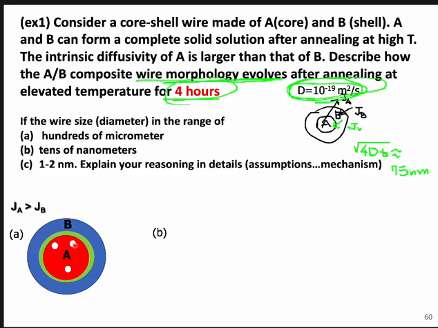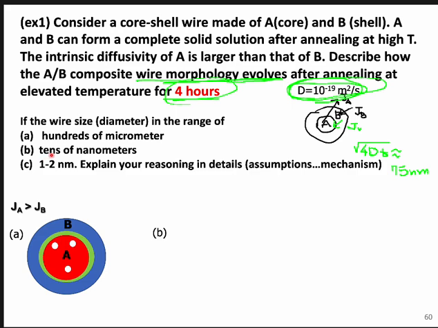So I draw that we can observe some void formation in A materials due to the vacancy fluxes moving inward. And the interdiffusion length is around 75 nanometers. So I draw these thin layers to represent the diffusion in between A and B. But the diameter for this wire is 100 micrometers, so it can be shown like this.